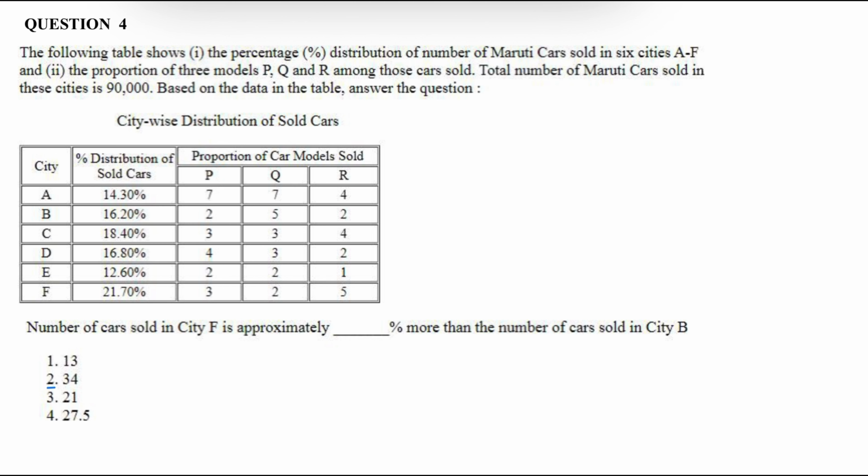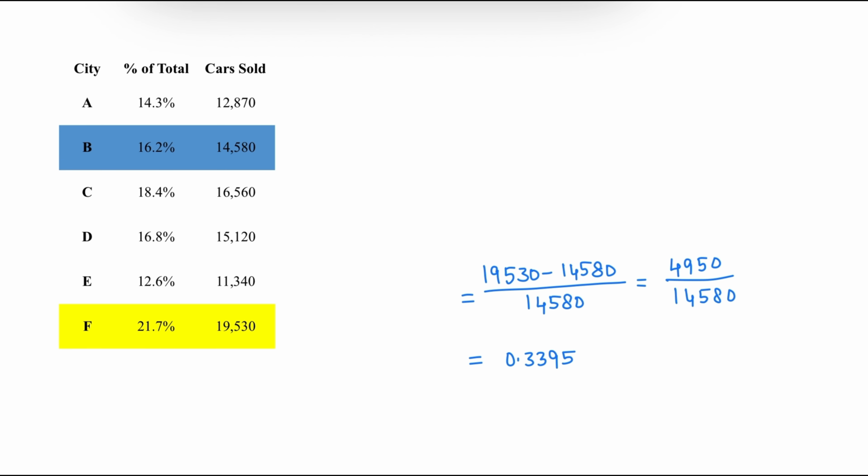Question number 4. The number of cars sold in city F is approximately dash percentage more than number of cars sold in city B. In city B, total percentage is 16.2%. 16.2% of 90,000 is 14,580.